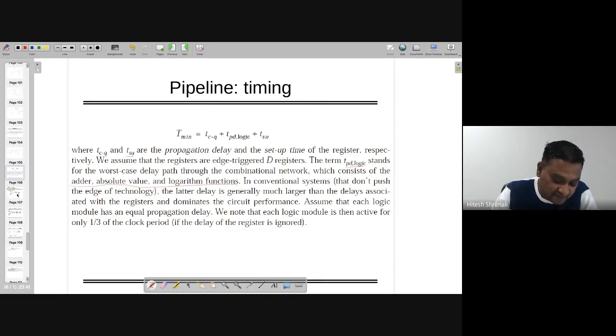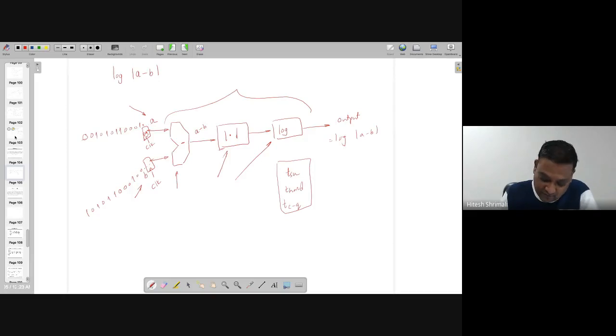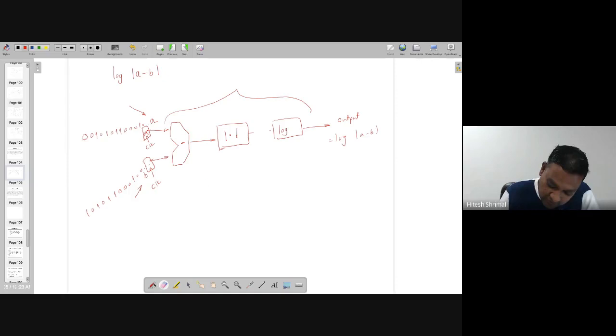So in that case the solution might be, instead of doing this as we were doing earlier, and as we have decided that we are going to use pipelining, what I can do is, at the end of each of the operations, add one register which might be positive or negative edge triggered.